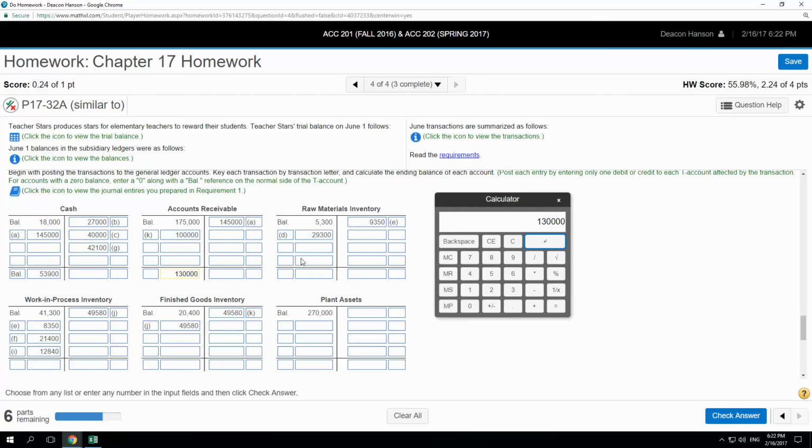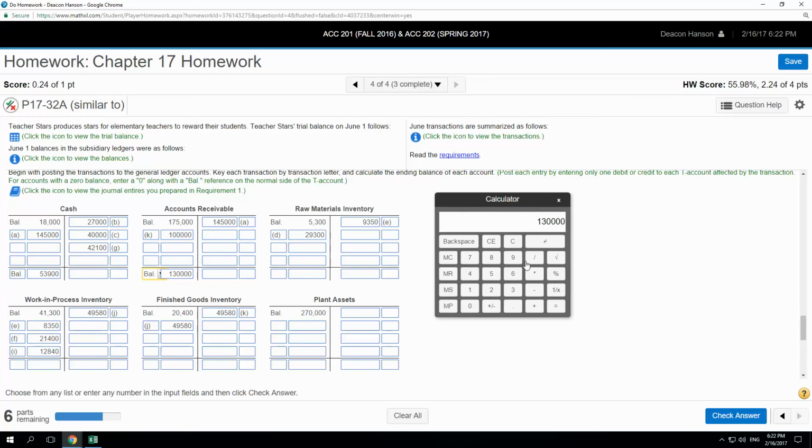So I end up with a $130,000 balance. We can do raw materials, so the beginning balance of 53 plus the 29,300 added in item D and minus 9,350. I get a 25,250 balance.